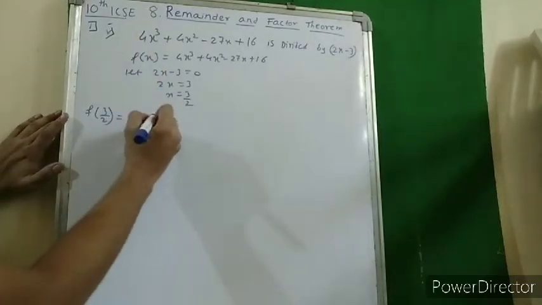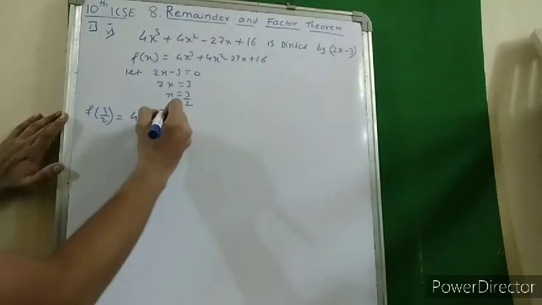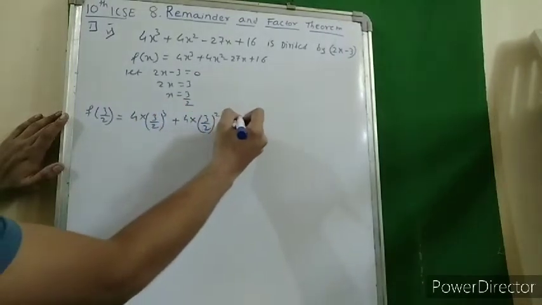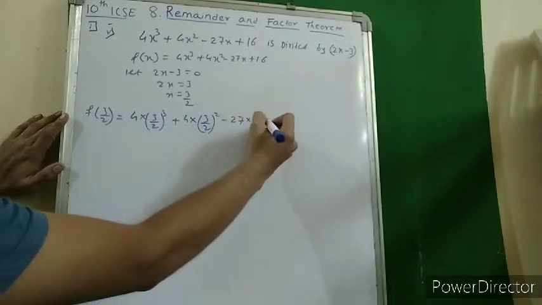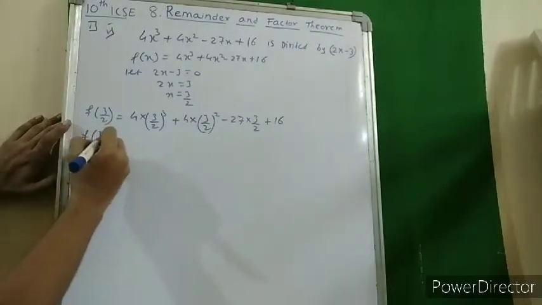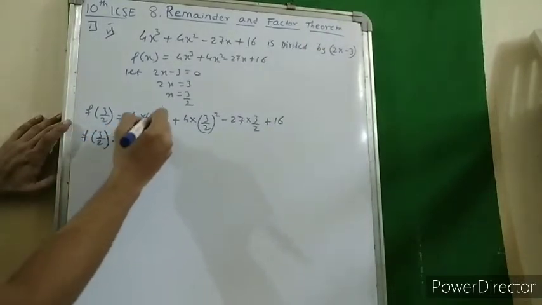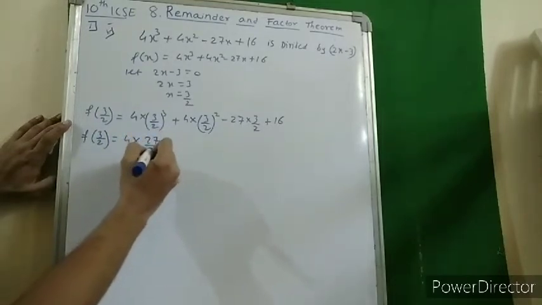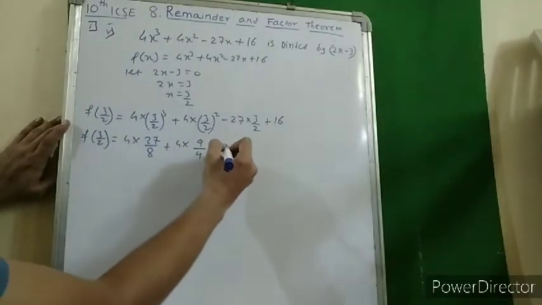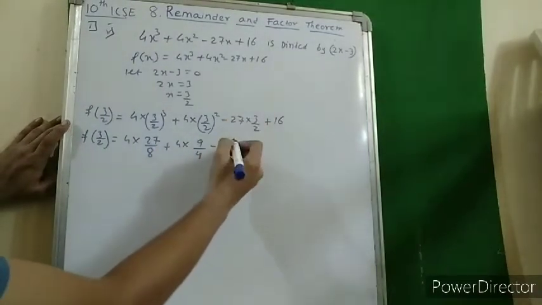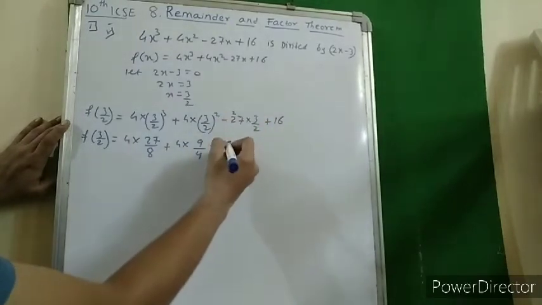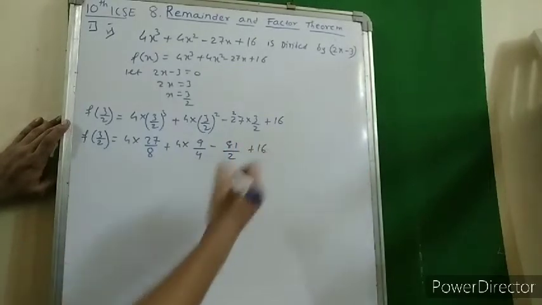So 4 into 3 upon 2 cube plus 4 into 3 upon 2 square minus 27 into 3 upon 2 plus 16. Okay, so function of 3 upon 2 is equal to 4 multiplied by 3 cube is 27, 2 cube is 8, 4 multiplied by 3 square is 9, 2 square is 4, 27, 27 3s are 81 upon 2 plus 16.